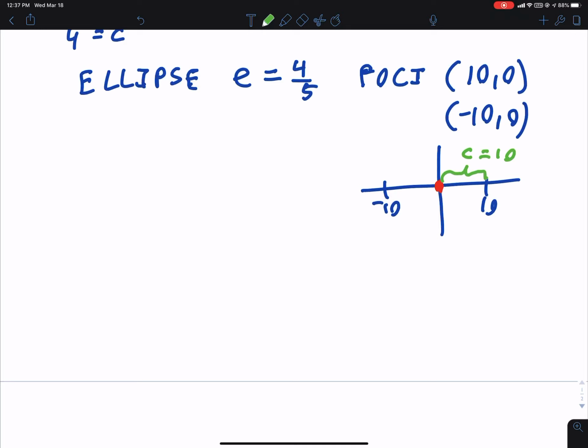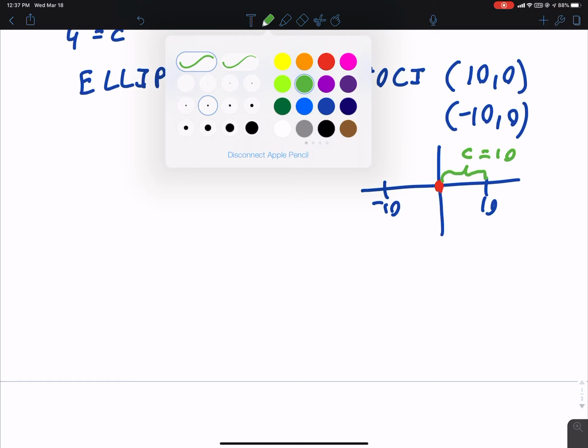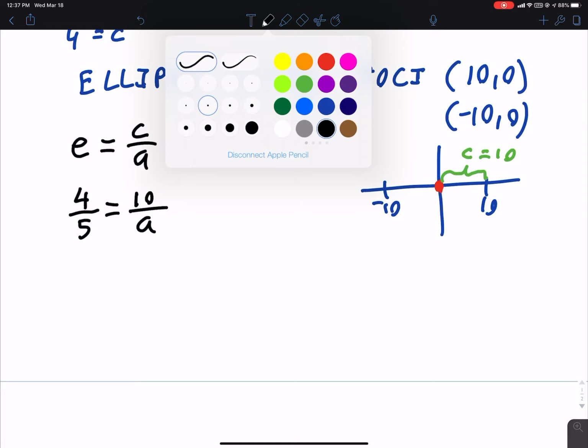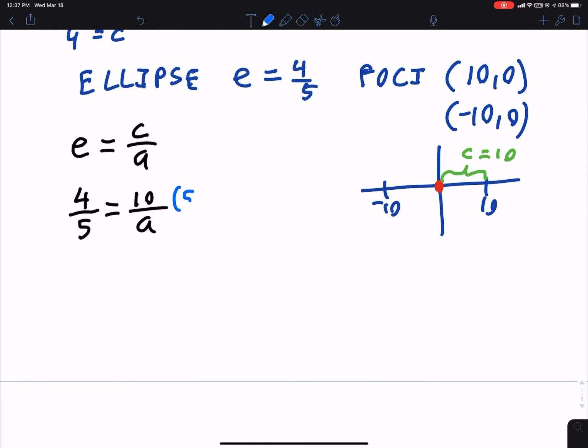I think so. So let's go back. What do we know? We know E is C over A. But we know E is 4 over 5, so we replace E with 4 over 5. And we know C is 10. Now, we can calculate A. This might be a little bit ugly, but we'll just do it. Multiply both sides by 5A.